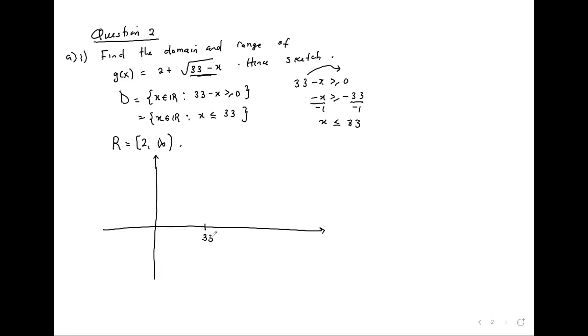If you place 33 where there is x, g of 33 will be 2 plus 0, which is 2. And when x is 0, you get 2 plus root 33. So this graph goes this way, and this is 2 plus root 33. And you're done.